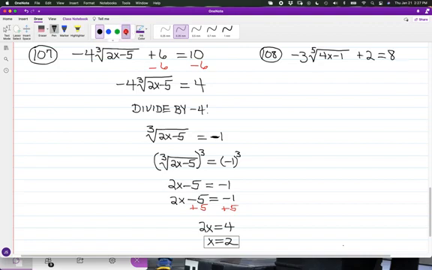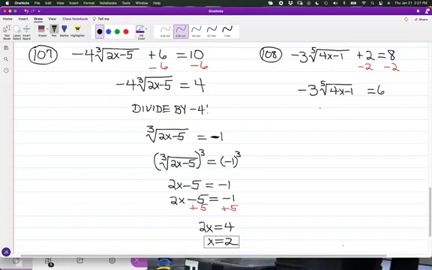If we isolate the radical, taking 2 away from both sides, we have -3 times the fifth root of 4x minus 1 is equal to 6.